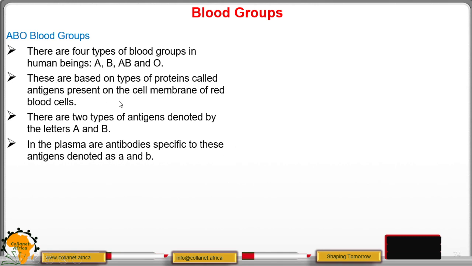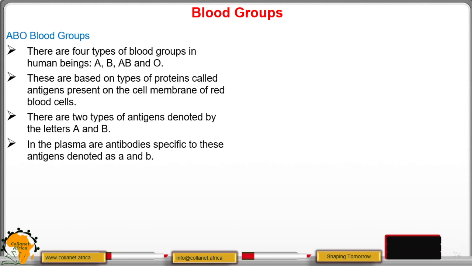So remember, the antigens are present on the cell membrane of the red blood cell, and they are denoted using capital letters. The antibodies corresponding to these antigens are denoted in small letters, and they are located in the plasma. Very important.